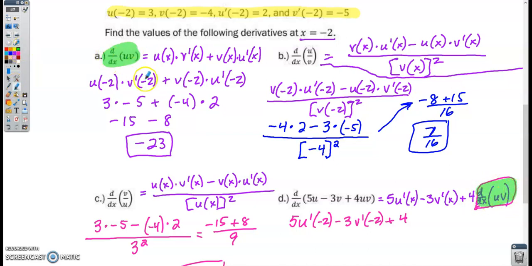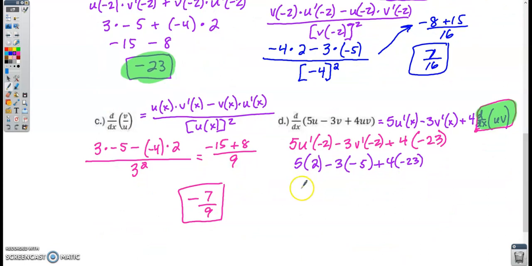So we've got 5u prime of negative 2 minus 3v prime of negative 2 plus 4 times the derivative of u times v, which is what we found up here in part A, the derivative of u times v at negative 2. So I'm going to cheat and not reinvent the wheel. I'll use that value that I already found in an earlier problem. Now I can substitute the values in. u prime of negative 2 is 2, and v prime of negative 2 is negative 5.